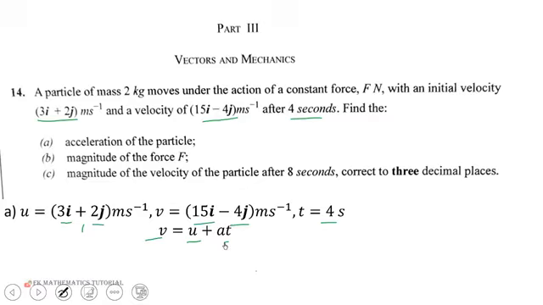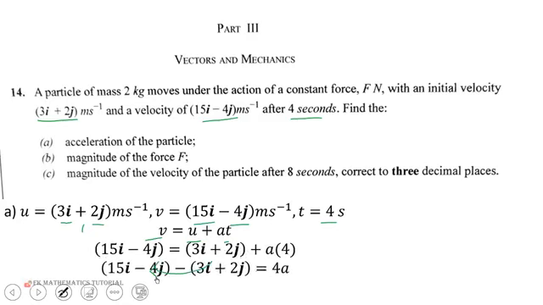So let's substitute. The final velocity, 15i minus 4j, will be equal to 3i plus 2j plus 4a. Now let's move the 3i plus 2j to the other side, so that we'll get something like this. So let's expand this to get 15i minus 4j minus 3i minus 2j equals 4a.